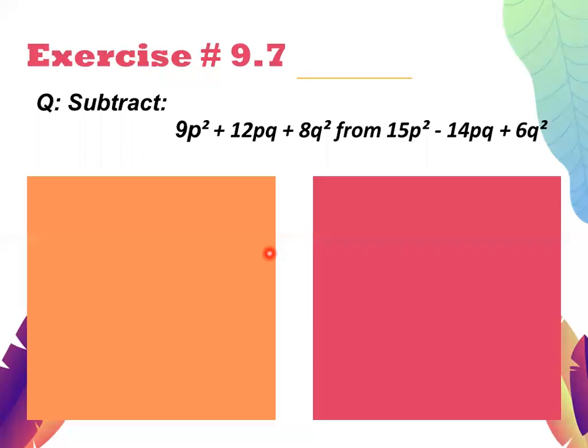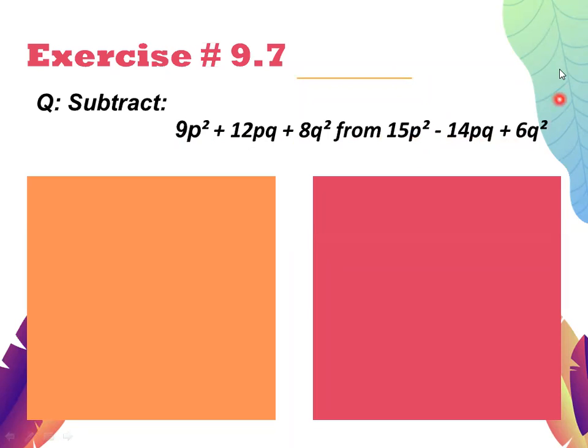Now you have to subtract 9p square plus 12pq plus q square. This is expression number one, and you have to subtract this expression from this one, 15p squared minus 14pq plus 6q square.